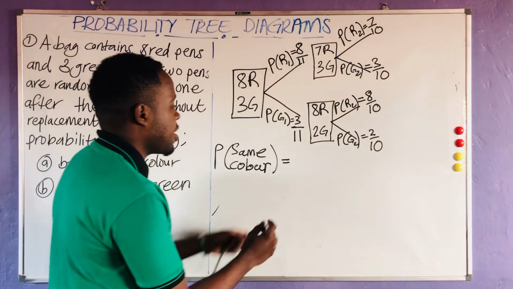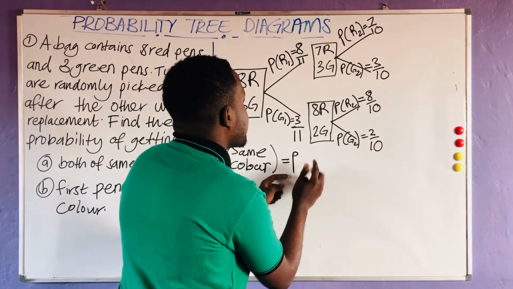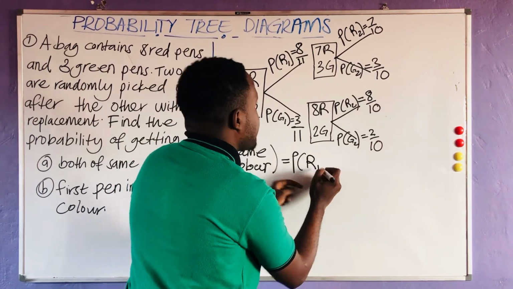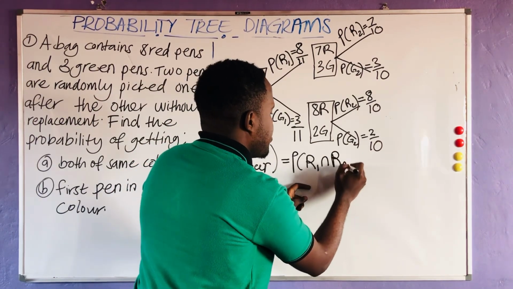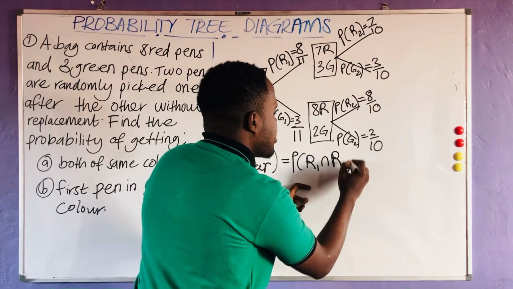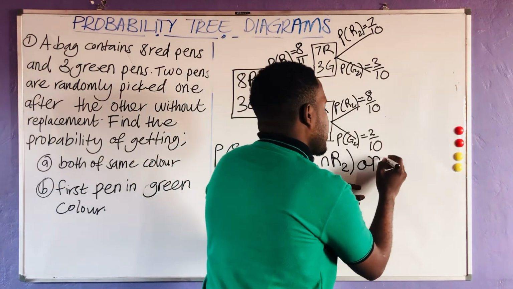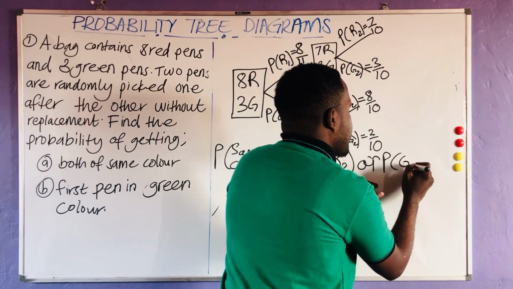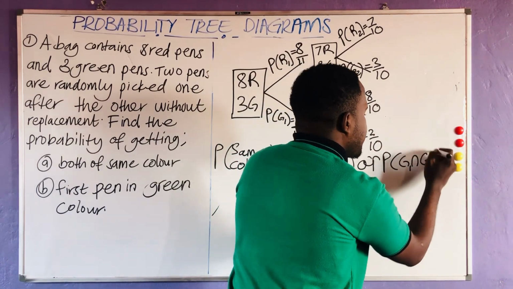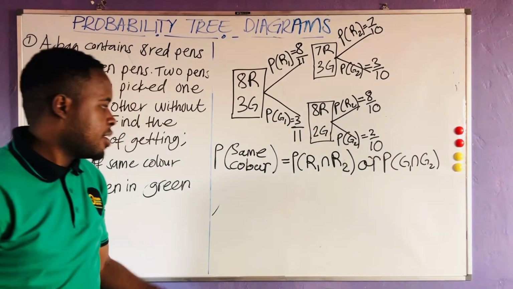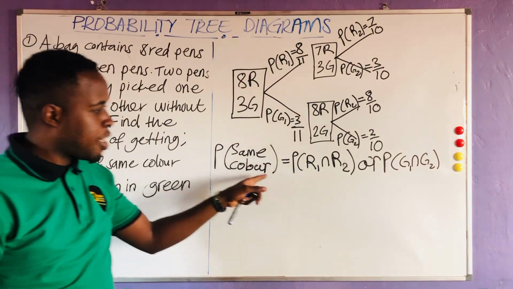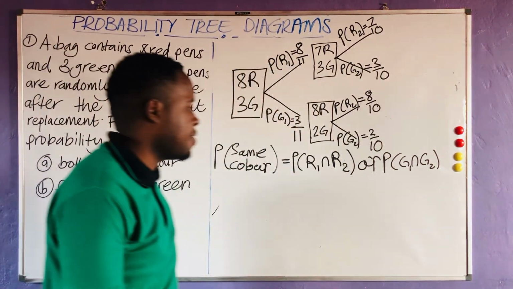So this is what we are saying. They can pick red for the first time and red for the second time, or they would pick green for the first time, green for the second time. So this is the probability of picking a pen of the same color.